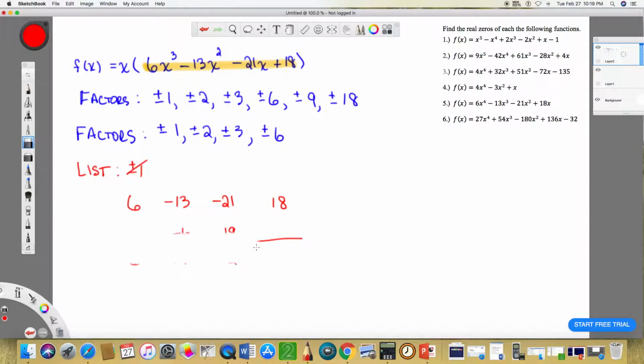All right, so we would have 2 divided by 1, so let's try positive and -2 as a possible 0. And that's not going to work for us.